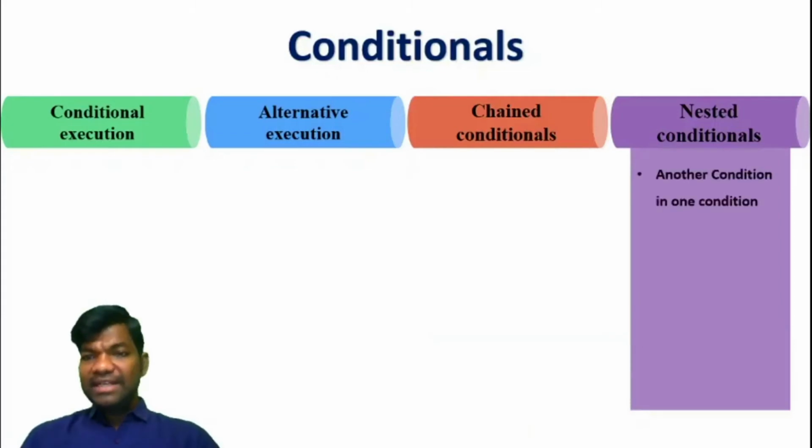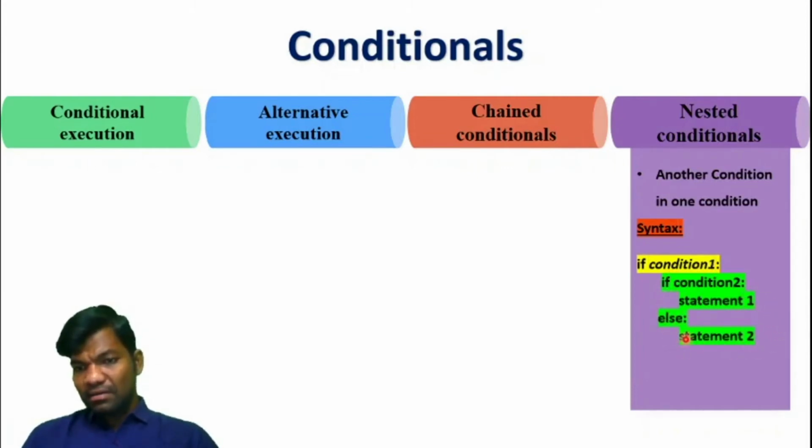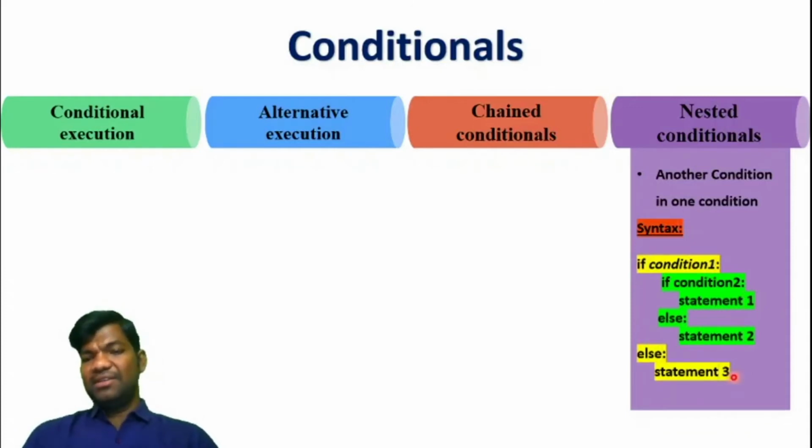Now coming to nested conditionals, another condition inside one condition. Coming to the syntax: if condition 1, inside the if statement another condition 2; if true, statement 1 is executed, else statement 2 is executed. These green-marked conditions are inside the outer condition.